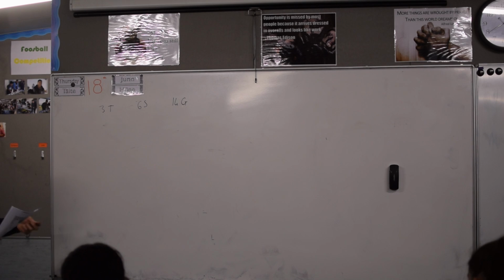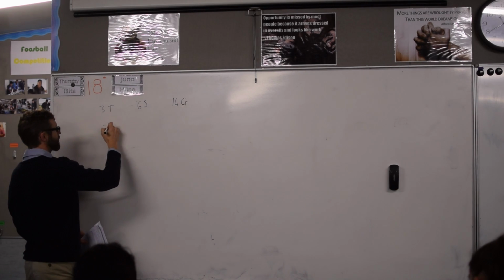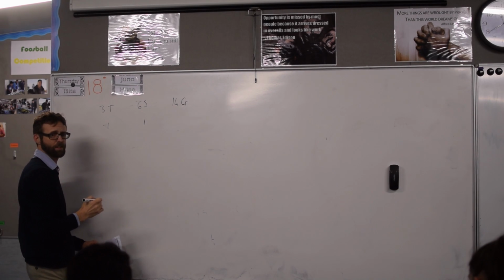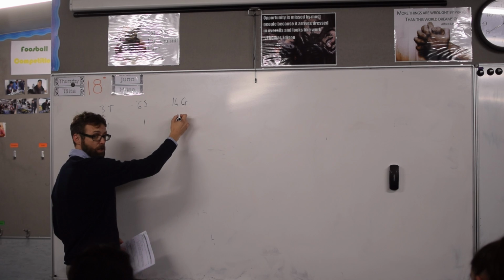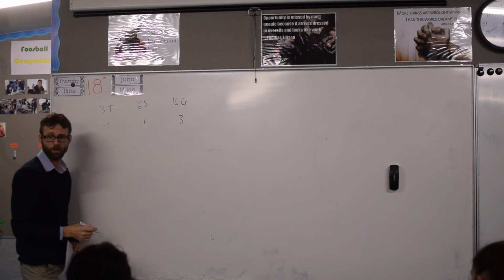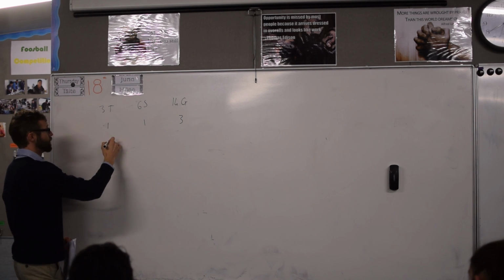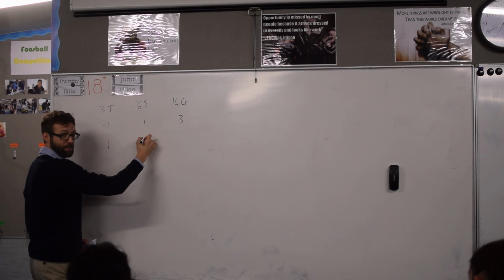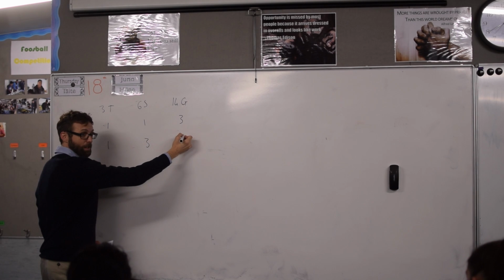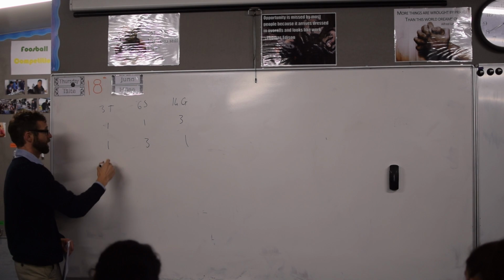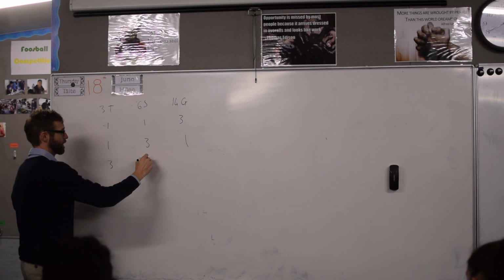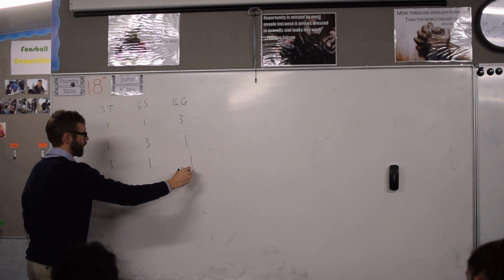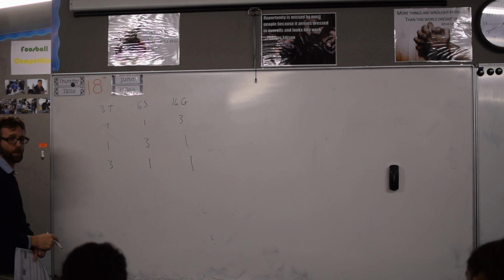Okay, so we think of the ways we can do this. Well, we could do one of these, and 3 of those. We could do one of these, 3 of these, 1 of those. 3, 1, 1. Anything else?